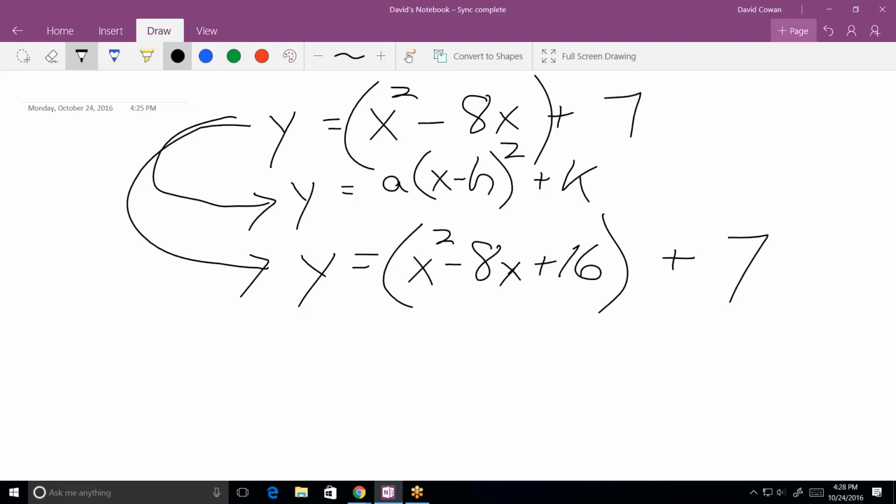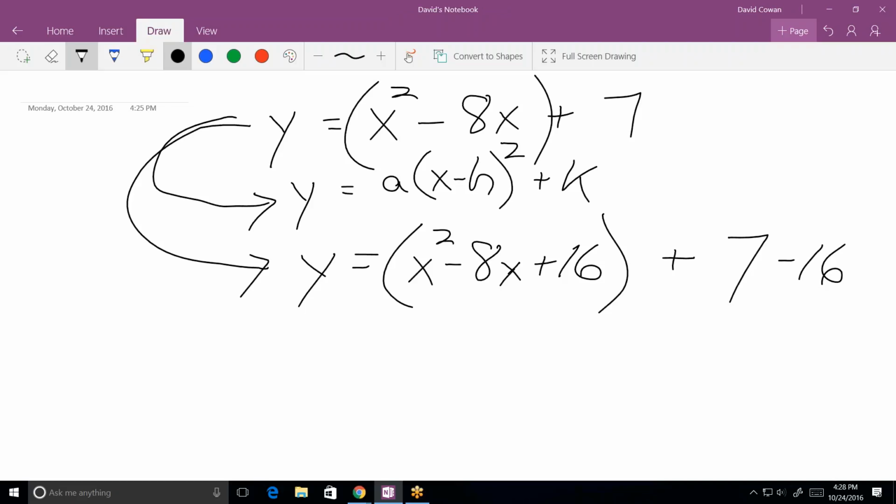Now that's the same thing as changing the equation, right? So in order to balance out that 16 I just added, I have to subtract 16 from the same side of the equation. Not the other side, but the same side.